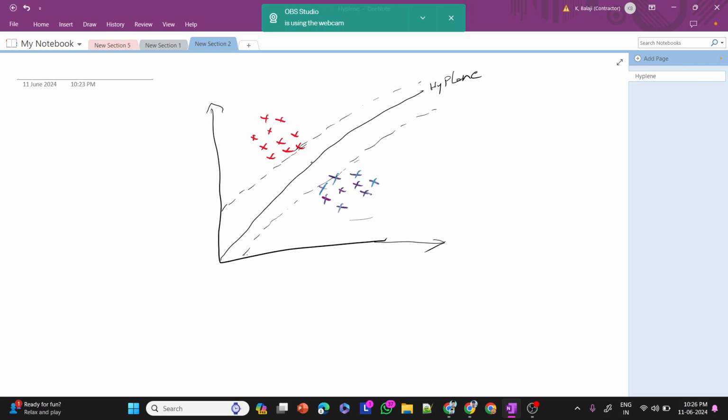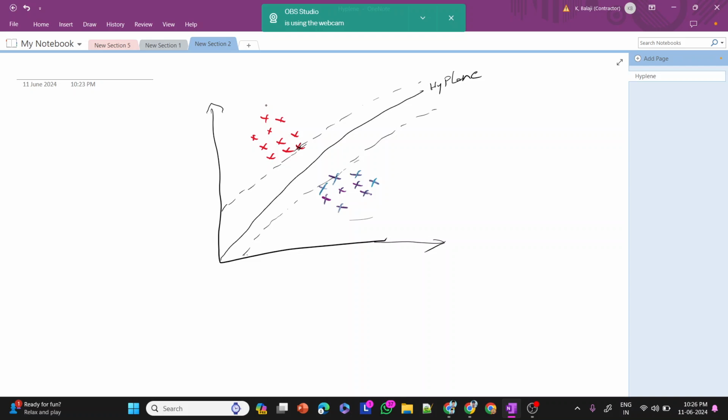The nearest point of the first group from this hyperplane is this. This point is nearest to this hyperplane, so this line touches the point of this group, and another line parallel to this hyperplane will touch the other group's points which are near to this hyperplane.